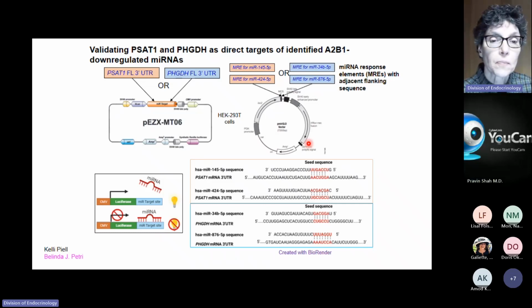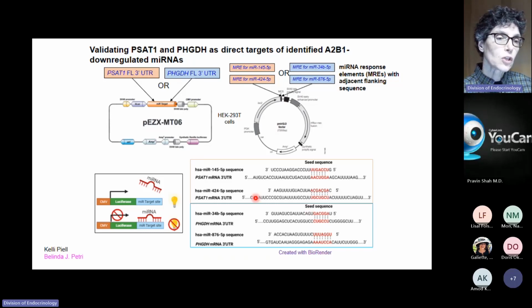So what Belinda did here was to line up the microRNA sequence with the 3' UTR of PSAT1 and/or PHGDH. So you can see the base pairing recognition between the microRNA and the 3' UTR of its targets.